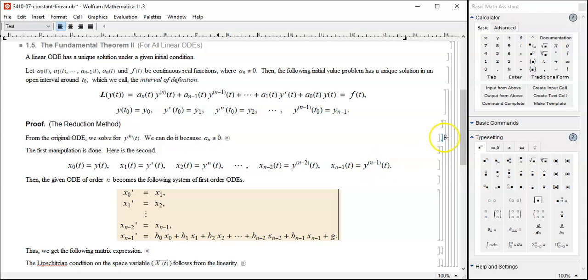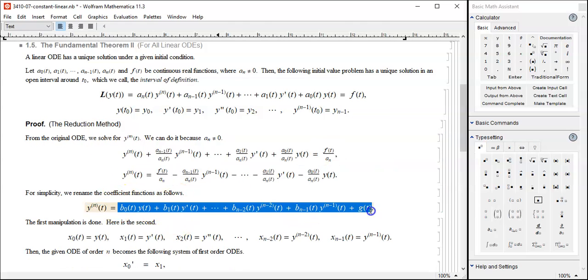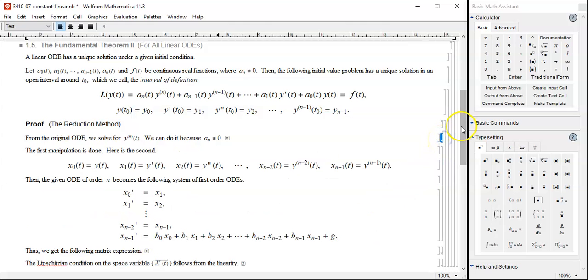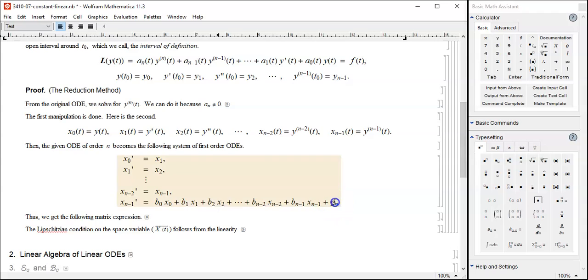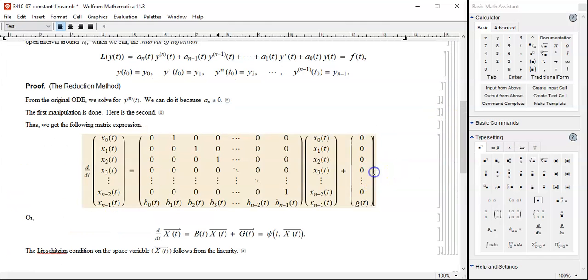And the nth derivative is equal to that. So put all those y, y prime, y double prime, all the way, those back in. You can rewrite those in terms of x_0, x_1, and so on and so forth. So in the end, we end up with a matrix expression like this. And eventually, we can simplify into a certain function, a multivariable function of t and the vector x itself.